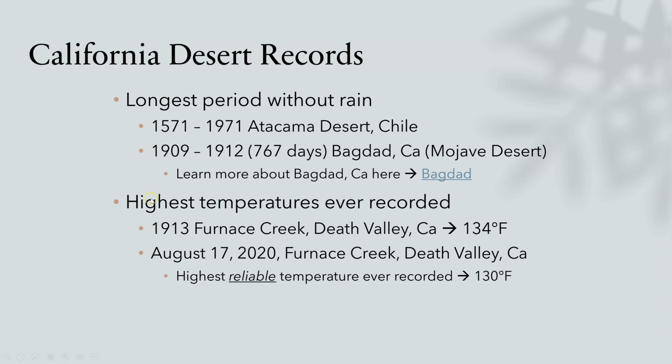They also experienced the highest temperatures ever recorded. In 1913, Furnace Creek in Death Valley had a temperature of 134 degrees. And then August 17th, 2020, Furnace Creek had the highest reliable temperature ever recorded, which was 130 degrees Fahrenheit. So this last summer was really, really hot.